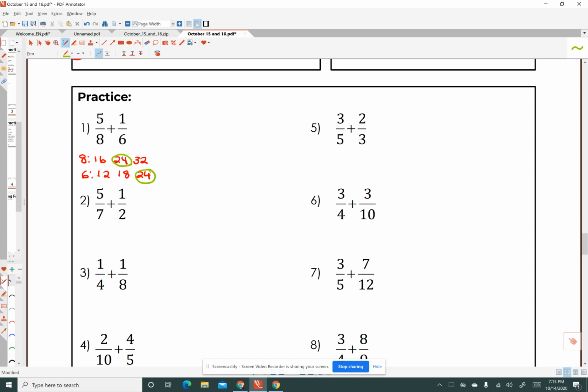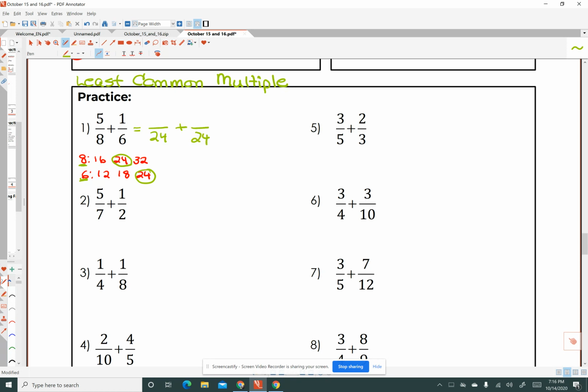The lowest or least common multiple. Let's write that down. Least common multiple of 8 and 6 is 24. So we need to rewrite these fractions with 24 as a denominator. So we need 24 to be our new denominator for each of these fractions.